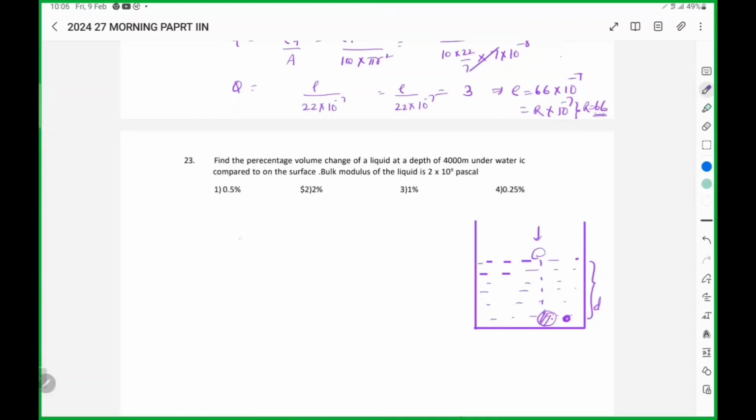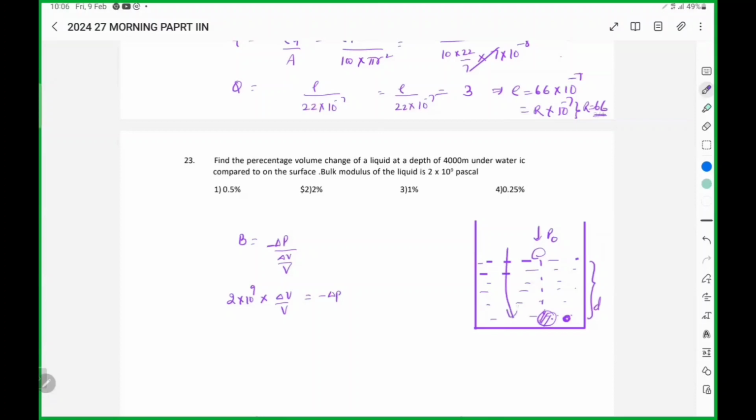So here bulk modulus is P by delta V by V, or delta P by this. Minus indicates volume is reduced. Bulk modulus is given as 2 into 10 power 9. Here pressure at the surface is P naught.